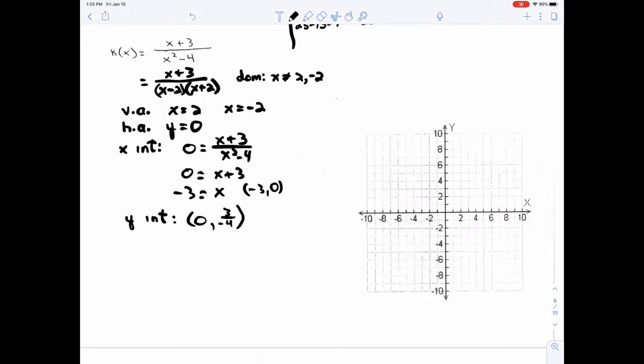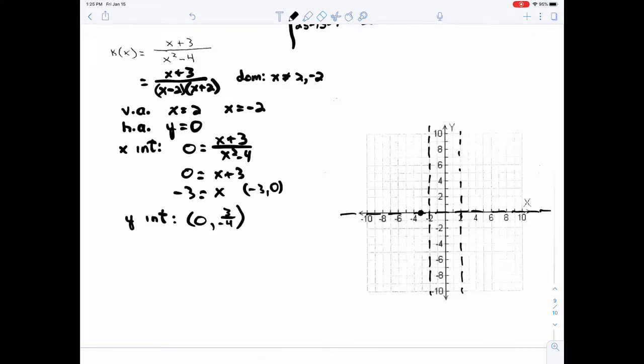Okay, so we have x equals 2, x equals negative 2. We have the horizontal asymptote at y equals 0. An x-intercept at negative 3, so it looks like we're crossing the horizontal asymptote.